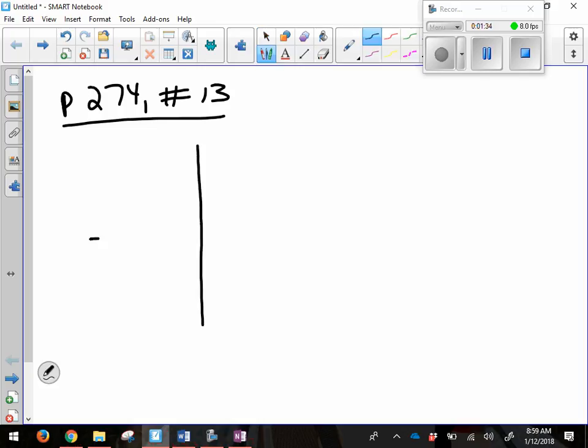So I think in example 3, the way we got the sphere was to take the equation for the circle, right? And then rotate it around the x-axis? Yeah, okay. So let's start by, how do I write the equation of that circle that has a radius 5?